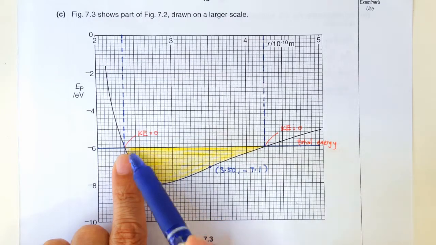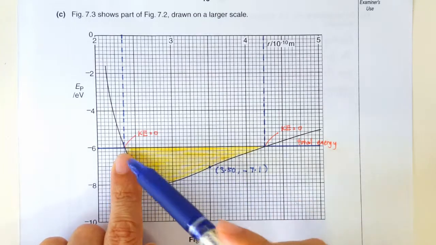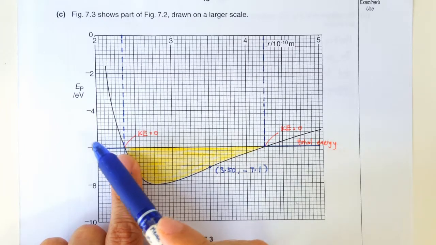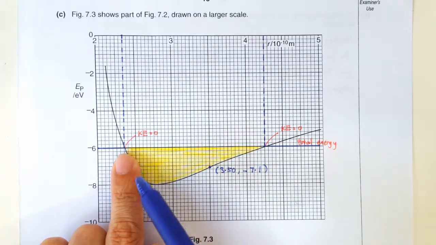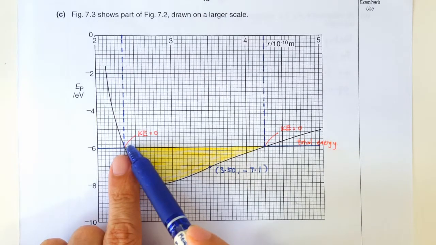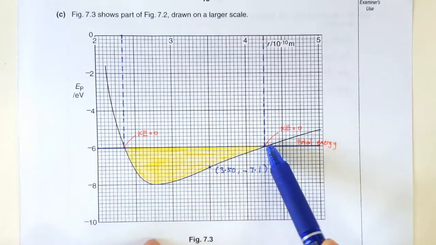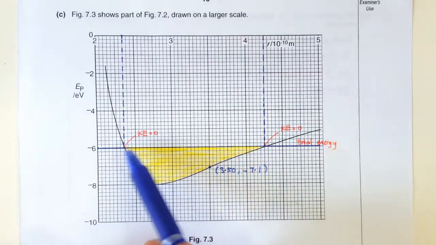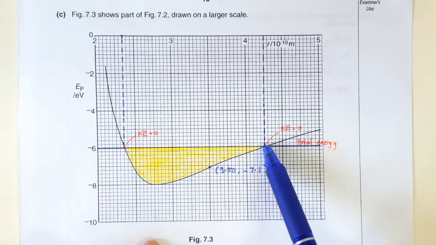I repeat, because we are told that the total energy is -6, the EPE alone is also -6, but EPE plus KE must add up to the total energy of -6. That means KE must be 0 here. Likewise here. So these 2 points must represent the extreme positions of your oscillations.